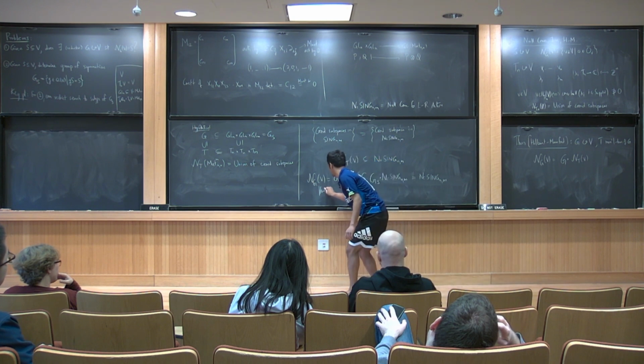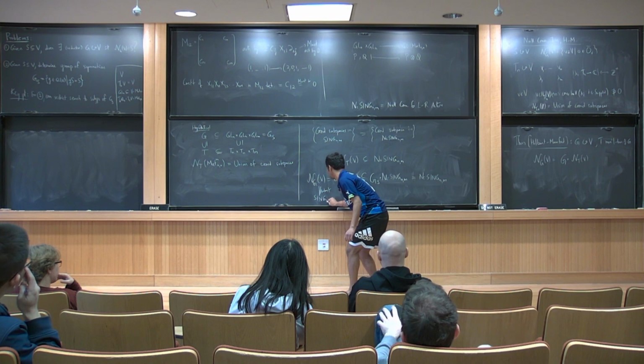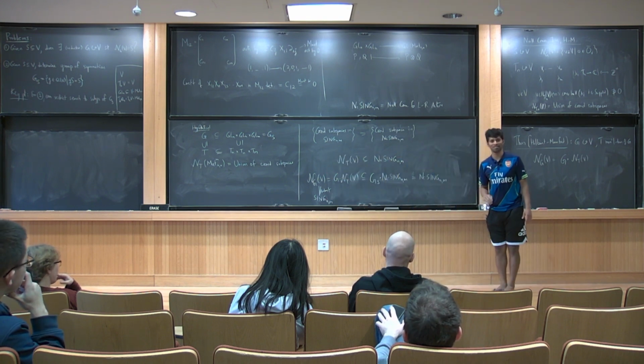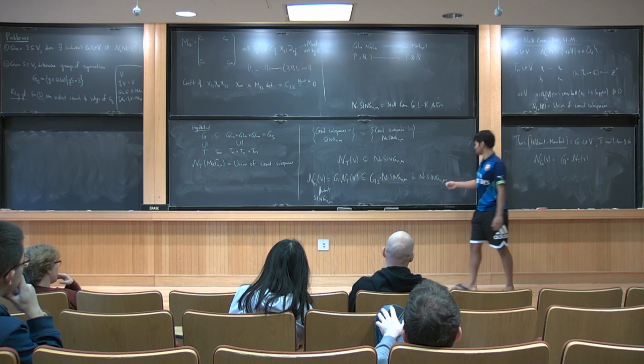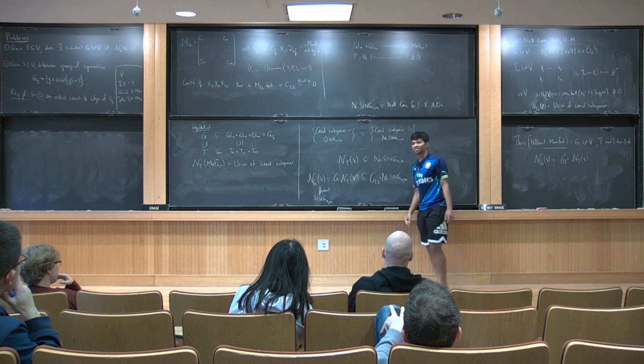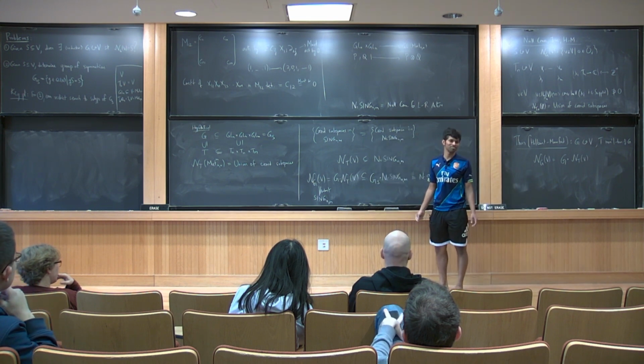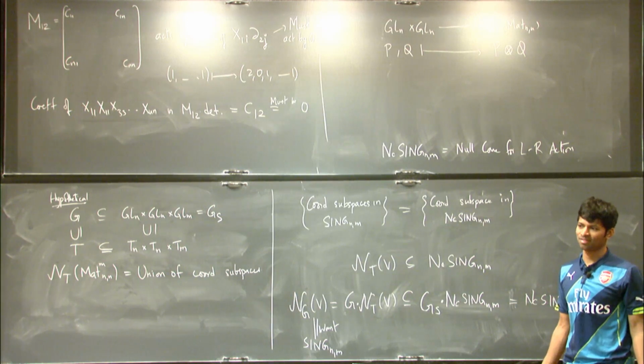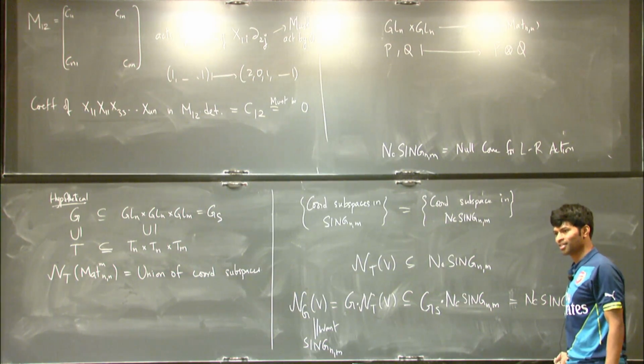We want the null cone to be singular tuples of matrices. As long as this guy and that guy are different, you can't have it. You want it to not be contained.